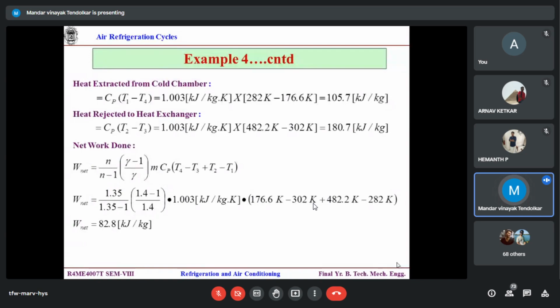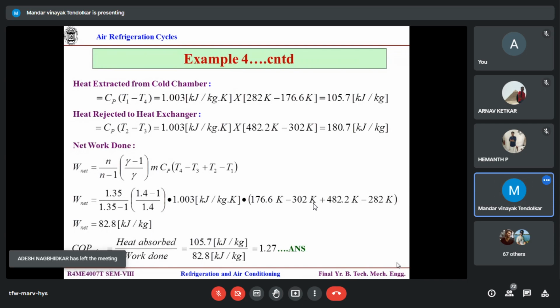Now the network done. So here you have to take care of this n and gamma part. n upon n minus 1 into gamma minus 1 over gamma. So this is my network. Refrigeration effect already calculated. Network just now calculated. So that is what is COP. Ultimately, you are doing the same thing. This is Cp into T1 minus T4. In the denominator, you are substituting this. So Cp gets cancelled.